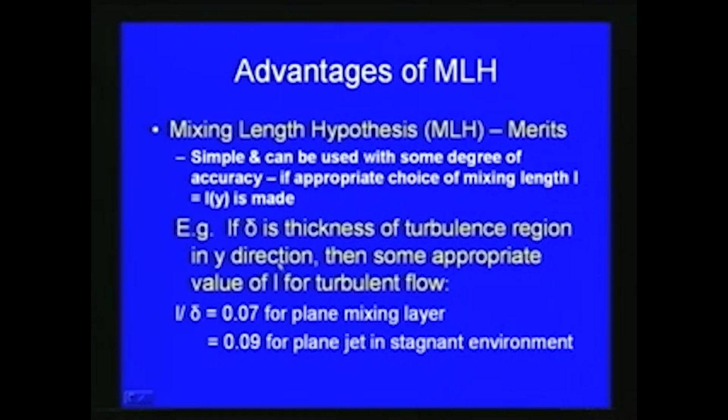If delta is the thickness of the turbulence region in the y direction, then some appropriate values for mixing length are available in the literature through various measurements. For example, L by delta is equal to 0.07 for a plane mixing layer, and 0.09 for a plane jet in a stagnant environment.